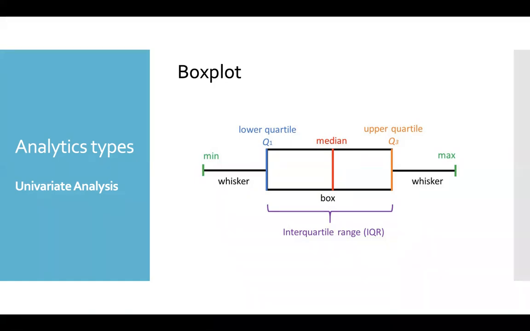Now this whisker helps you understand that the upper whisker tells you where the max is, where is your upper 25% of the data, and the lower whisker tells you where is your lower 25% of the data. However, the most important part of the data is actually lying between Q3 and Q1. So you always wanted to find out where is the 50% of the distribution lying.